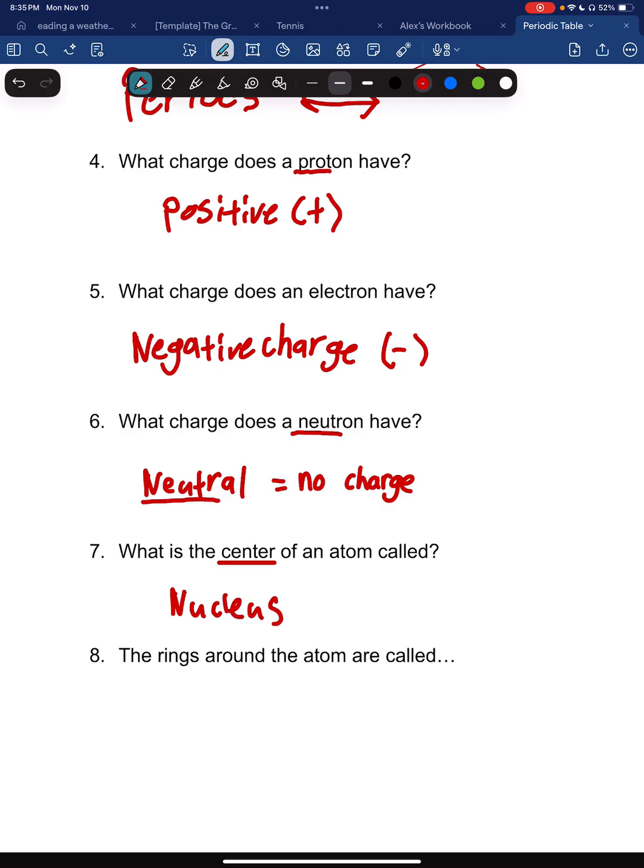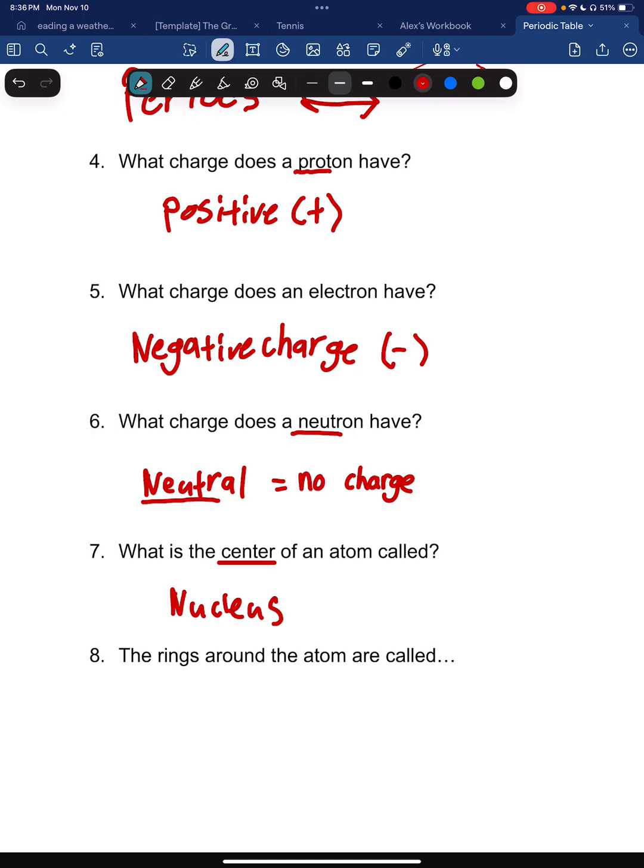Okay. The nucleus is the center part of our atom, just like how you learned it is the center part of a cell in biology. Okay. So now, number 8, the rings around the atom are called.